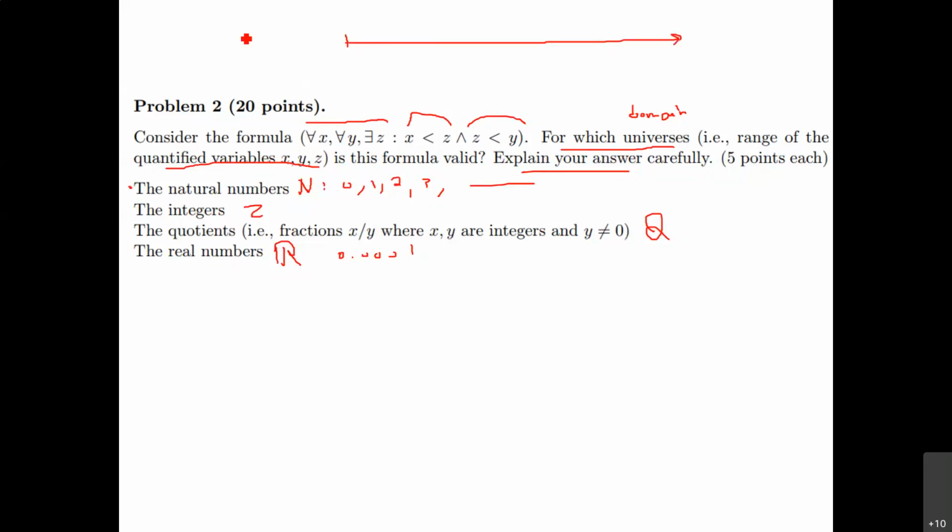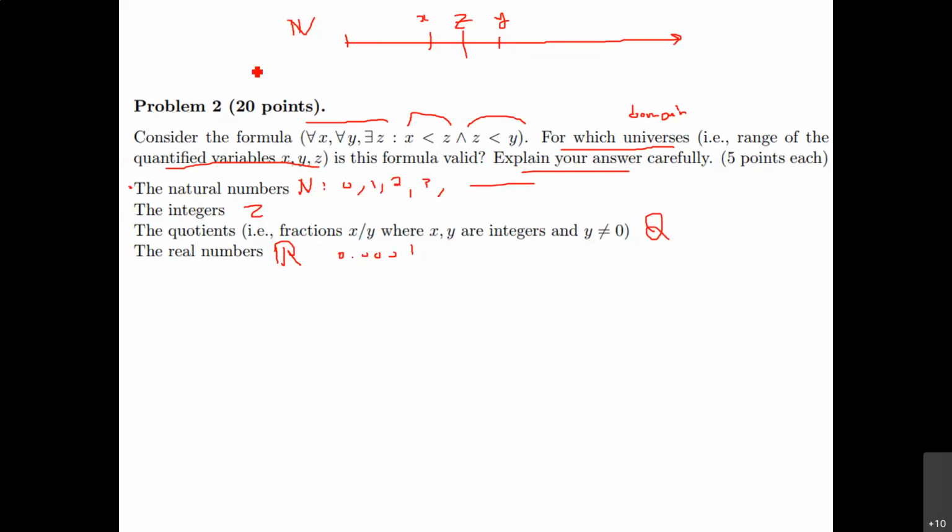So if this is your N, and you choose any x and any y, are you able to find something in the middle between them? So that's kind of what your first intuition should be, right? Hey, you got an x, you got a y, can you find something in the middle between them for any x, y?